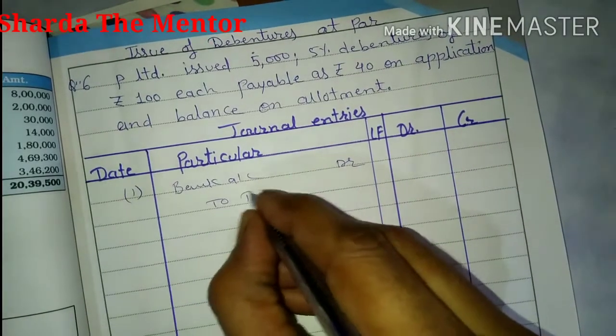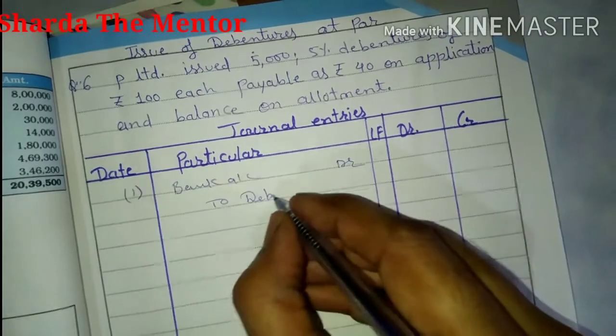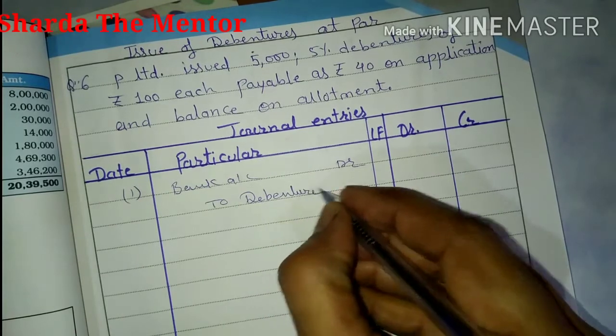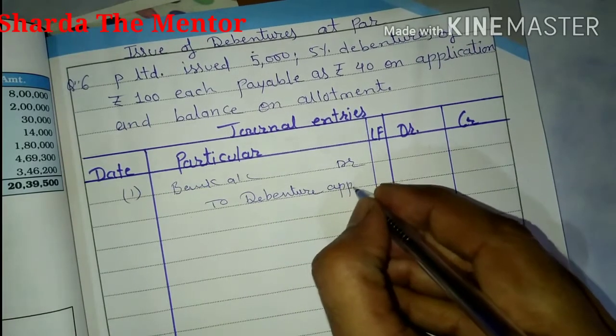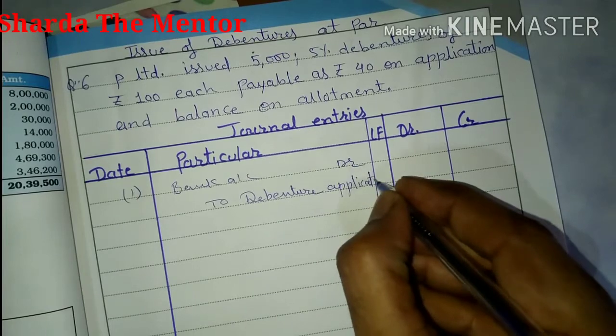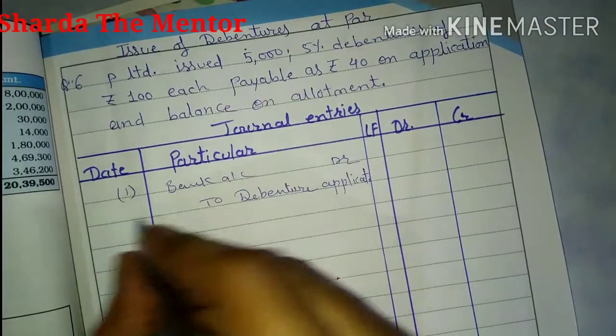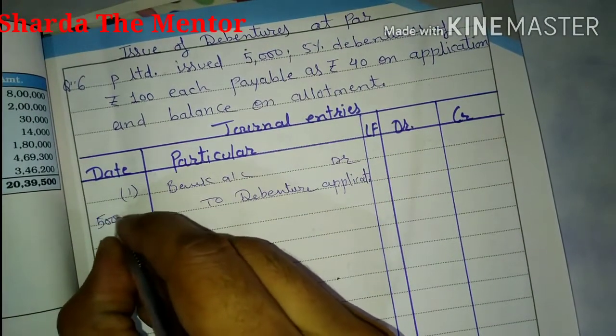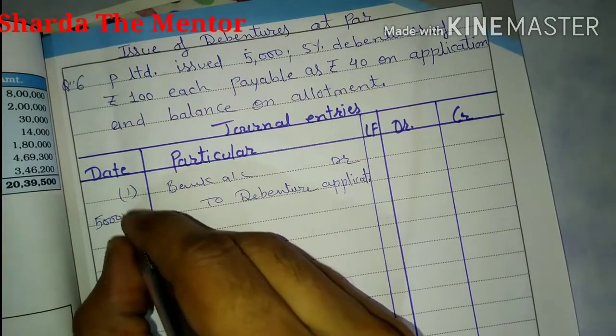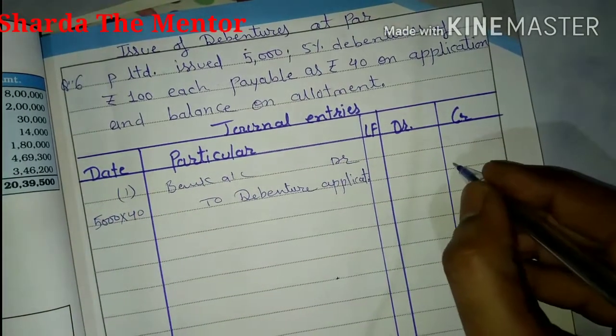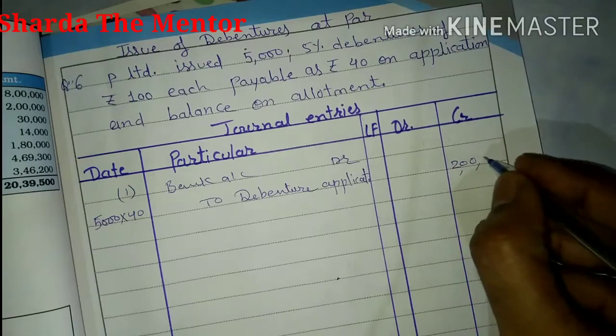To debenture application. Now, in debenture application, it is given that we have issued 5,000 debentures at the rate of 40. So the total value will be 2 lakh.